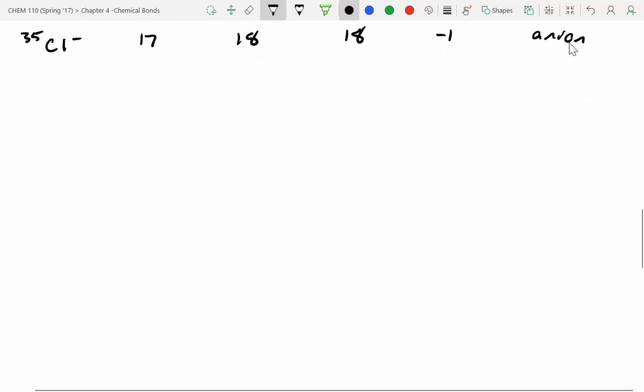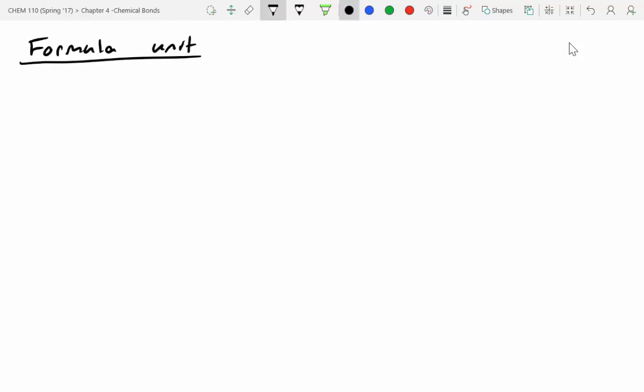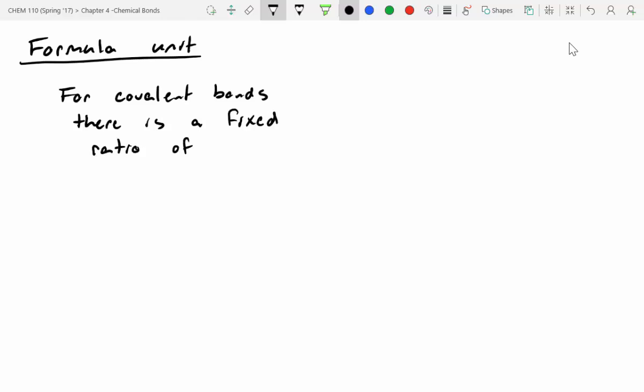All right, let's talk about the formula unit. So for covalent bonds, there is a fixed ratio of atoms. The example that's really simple would be something like water.